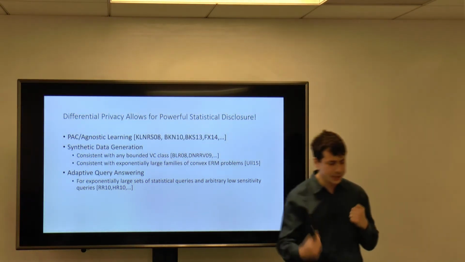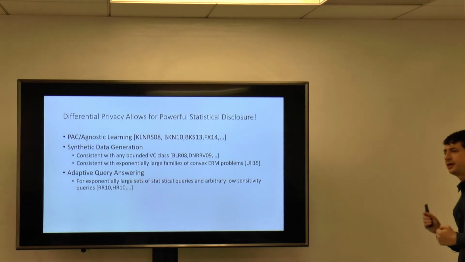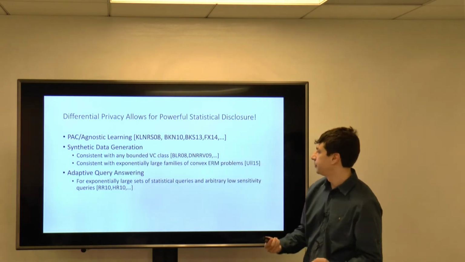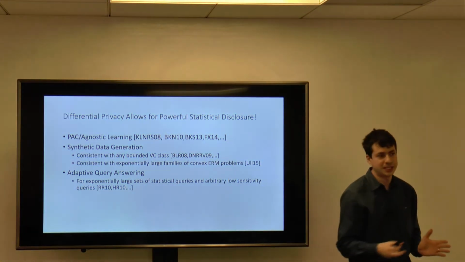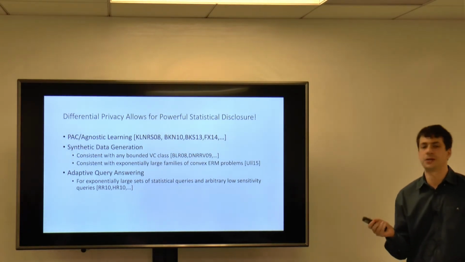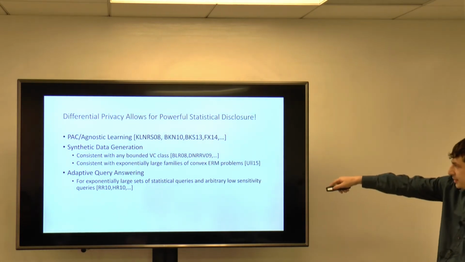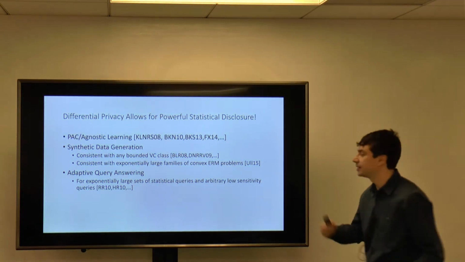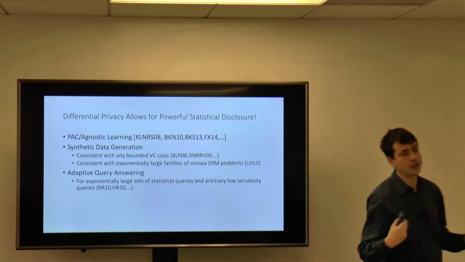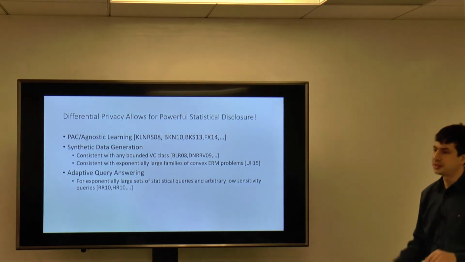You can do these things even if the questions you want to ask are not known to you ahead of time, even if they arrive online and are adaptively chosen. And in fact, that's useful beyond differential privacy, because differentially private algorithms cannot overfit. The fact that you can answer queries adaptively by reusing the same data set provides the best known methods we have now for reusing data for statistical analysis tasks, even if you don't care about privacy.